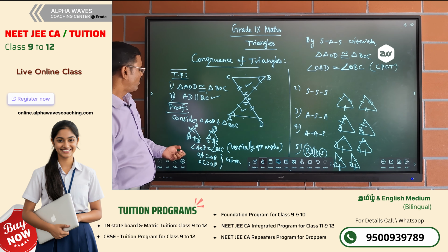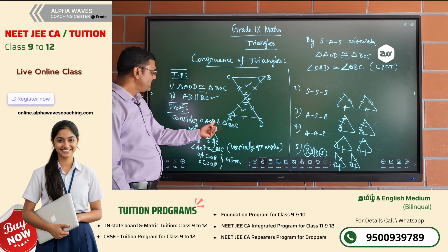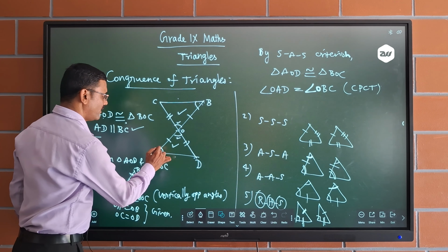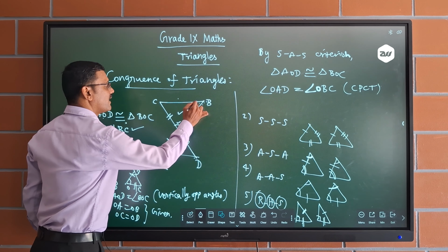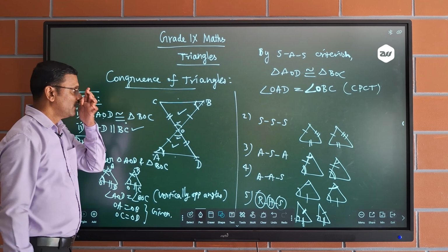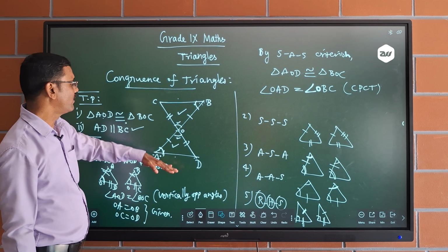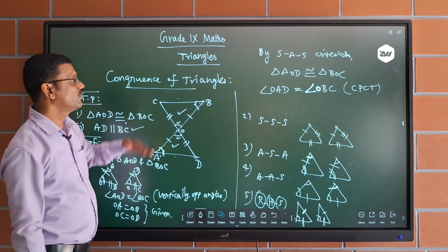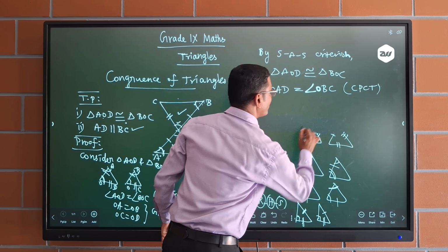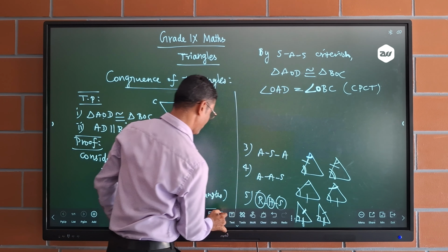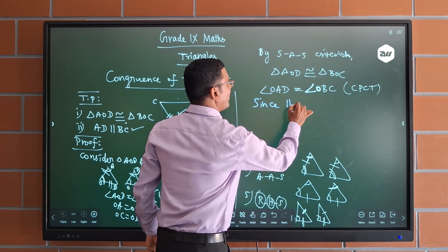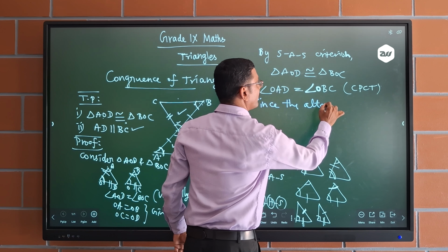Since angles OAD and OBC are equal, look at the original figure. OAD, this angle, and OBC, this angle, are nothing but alternate angles. Since the alternate angles are equal, we say that AD is parallel to BC.